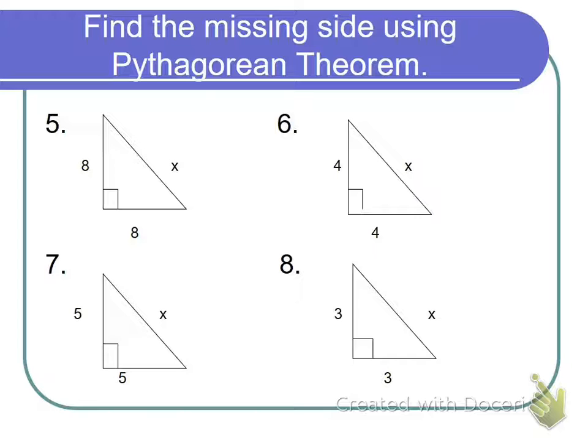All right, on number 5, if we're using the Pythagorean theorem, are we trying to find A, B, or C? C. We're trying to find the hypotenuse on all of these. So we would plug in 8 squared plus 8 squared equals x squared. What is 8 squared? Okay. When we add them together, good. And then we still have to square root them.